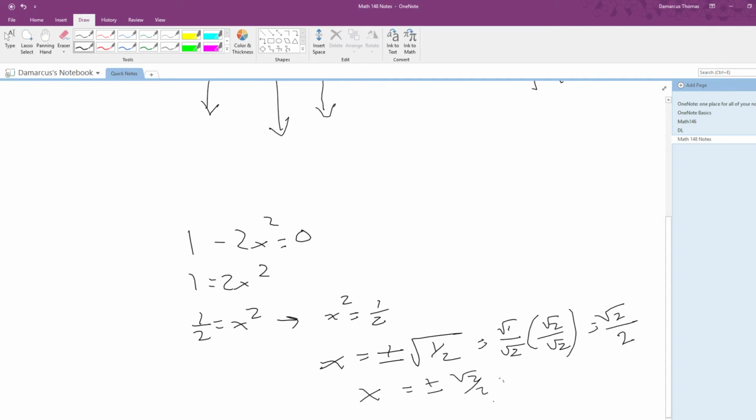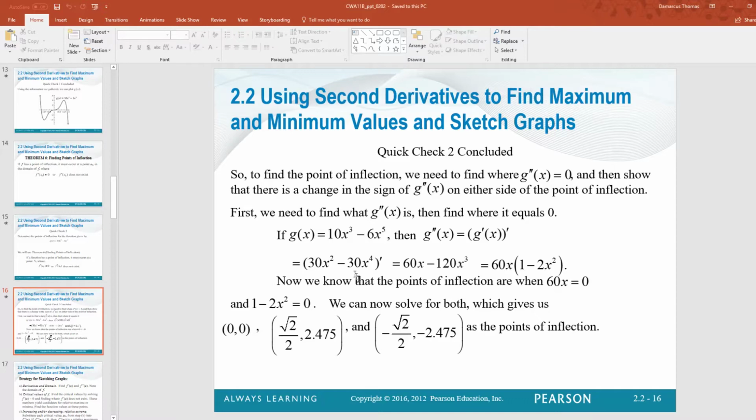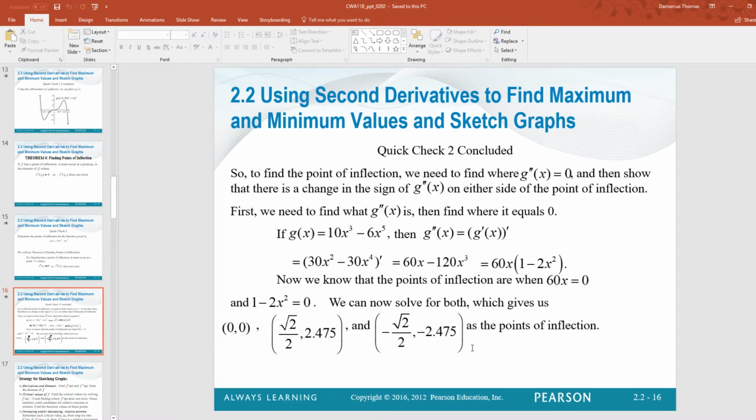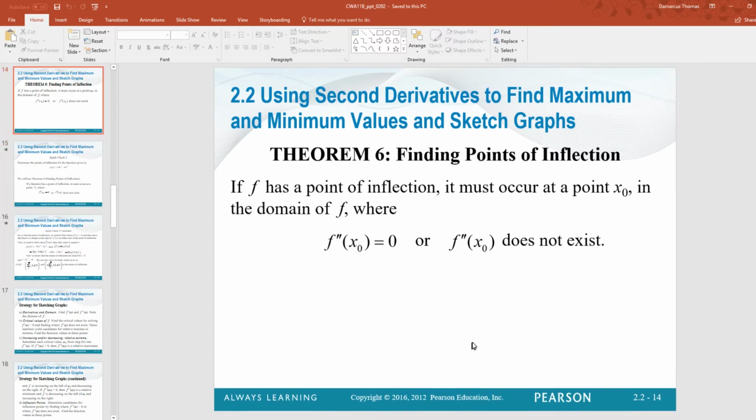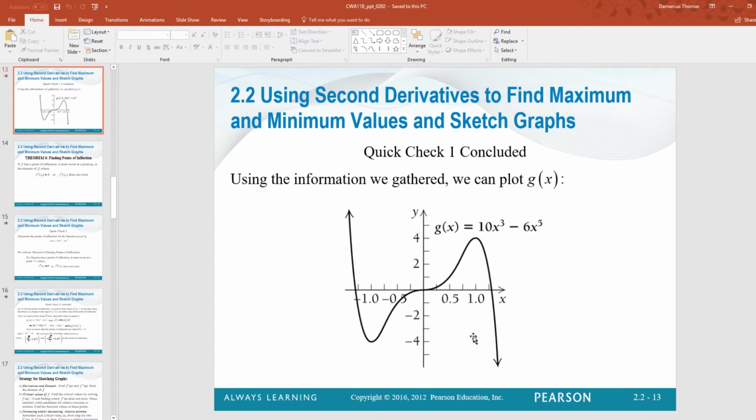Now, if there are inflection points they must occur at x equals plus or minus root 2 over 2, comma 0, according to that theorem. And now the reason why they got there was because they actually already knew what the graph looked like, and they can say for certainty based on the graph that these points are true.